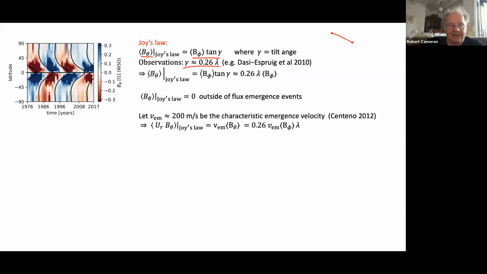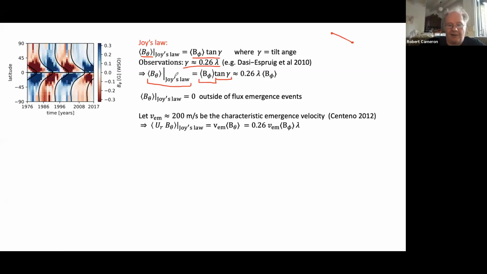From this, you can deduce that the average theta component of the field due to Joy's law is equal to the average value of the toroidal field, all of which is coming from flux emergence, times tan gamma, where gamma is the tilt angle and gamma is equal to 0.26 lambda.